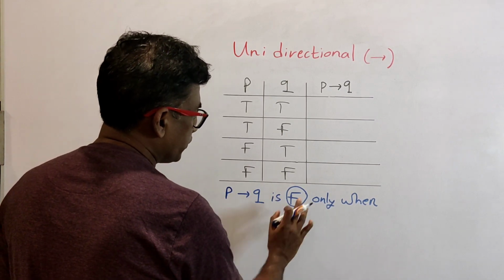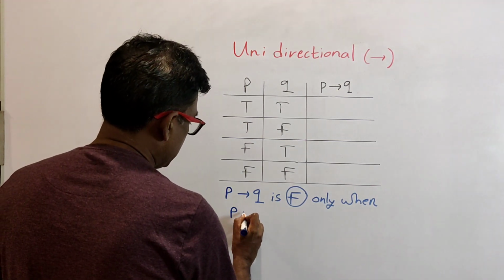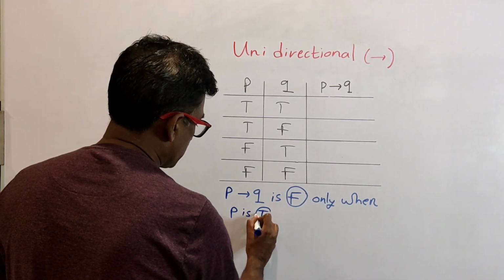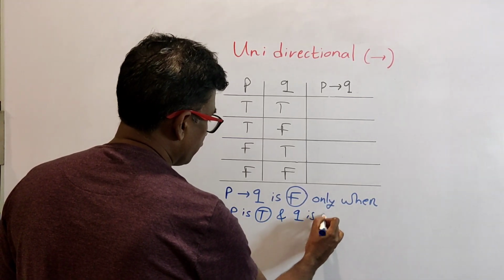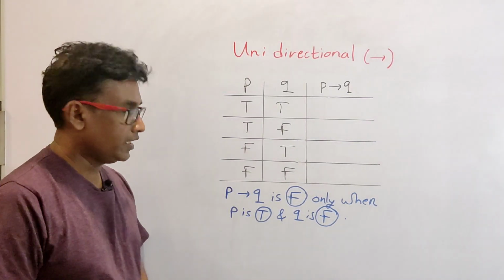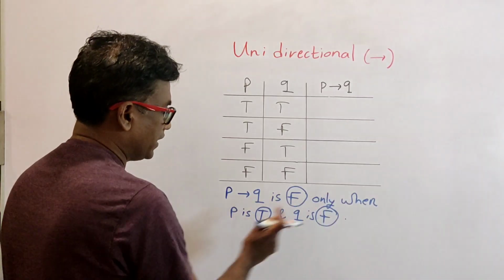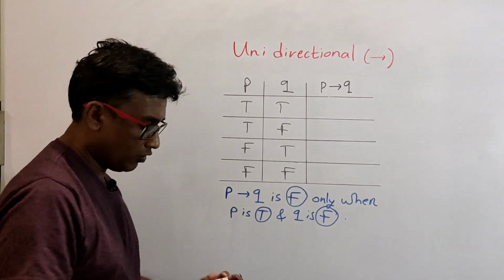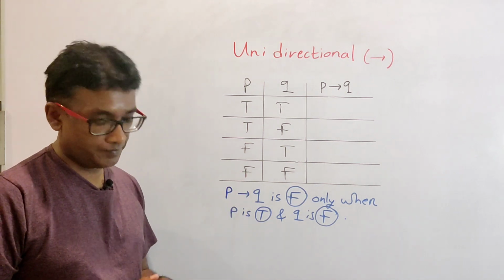P implies Q is false only when P is true and Q is false. This is the rule. Okay? P implies Q is false only when P is true and Q is false. This is very important.